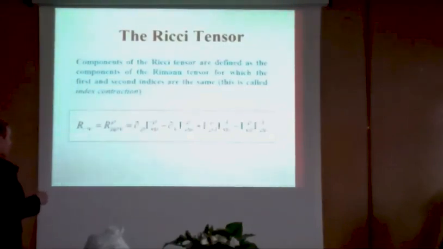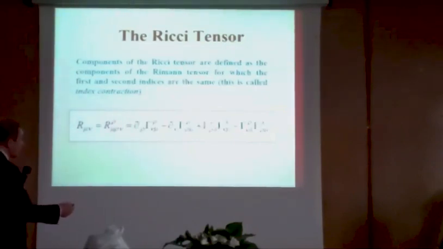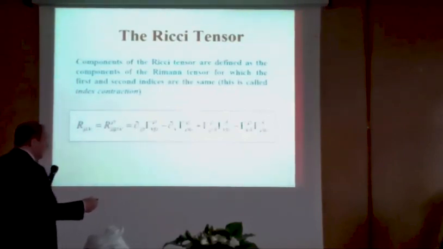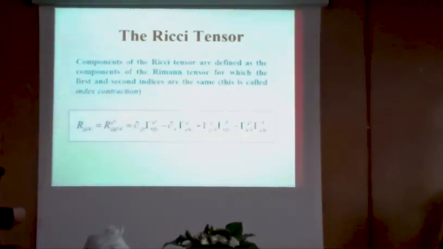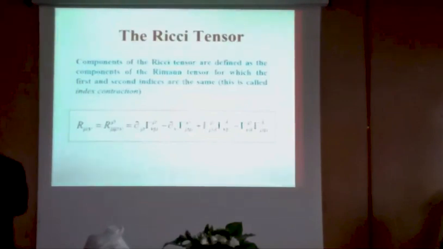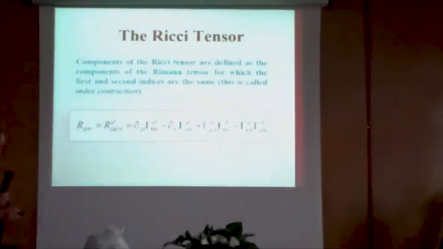This is a very important tensor in general relativity. Again, the Ricci tensor is the difference between derivatives of the Christoffel symbol and the product of the Christoffel symbols. What is the meaning of the Ricci tensor? I will say this in a minute.